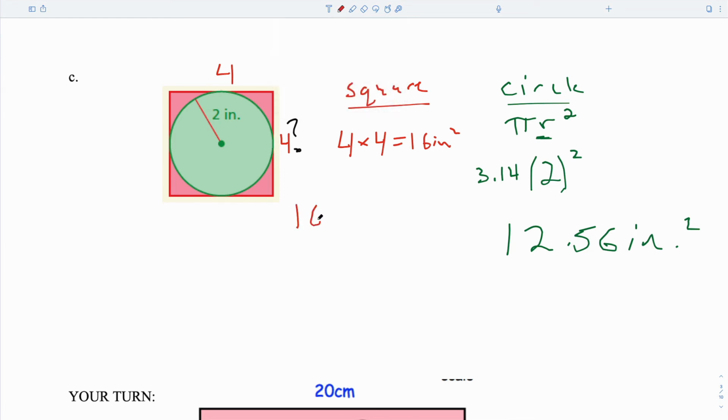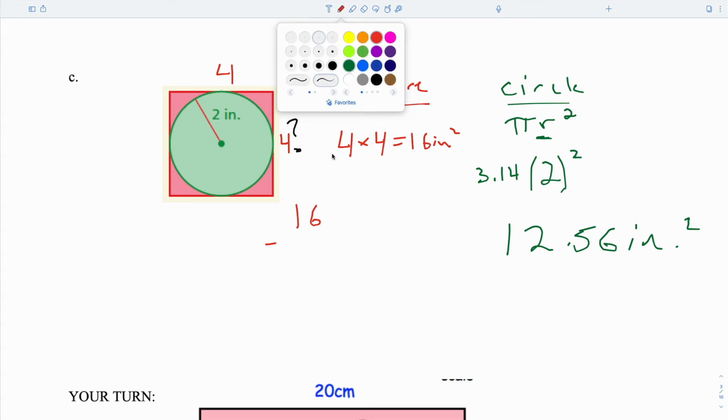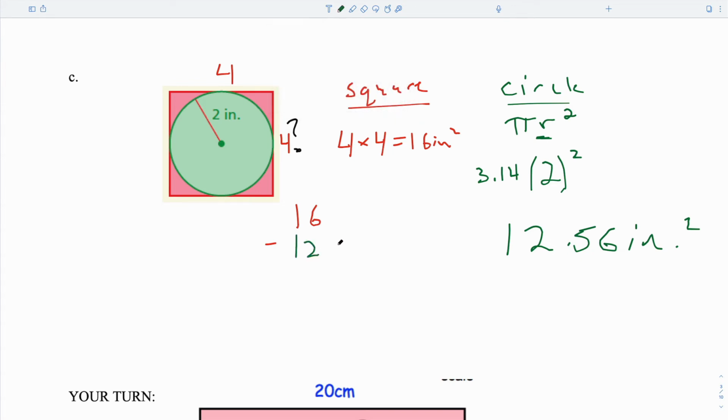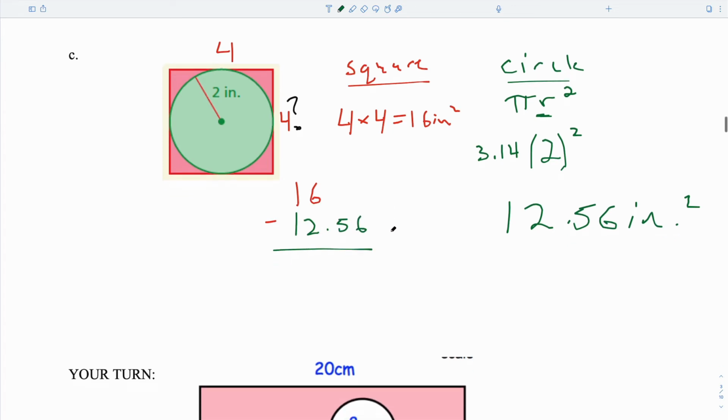Since we're cutting it out, we subtract it. 12.56 is on the bottom, 16 on the top. What is 16 minus 12.56? Ella. 3.44. And that's the answer. Whew. You got it. Lola.